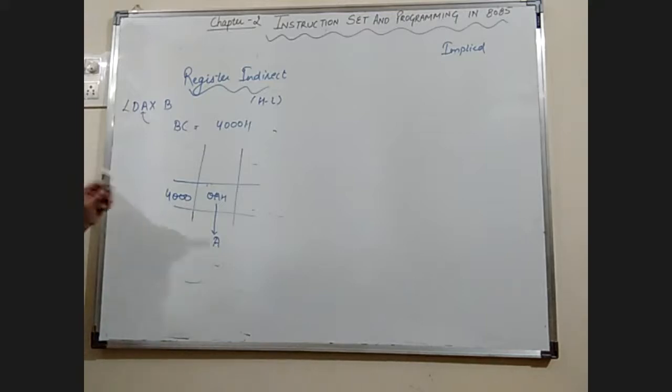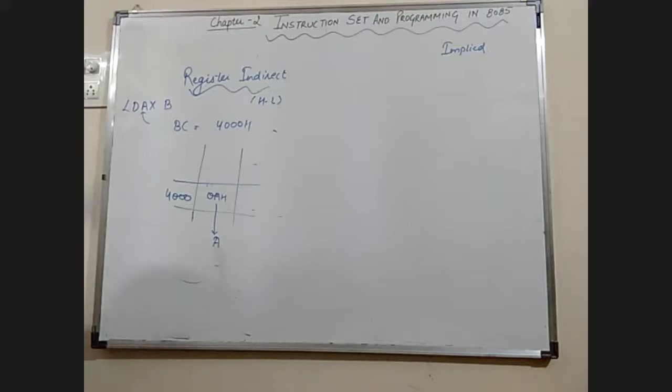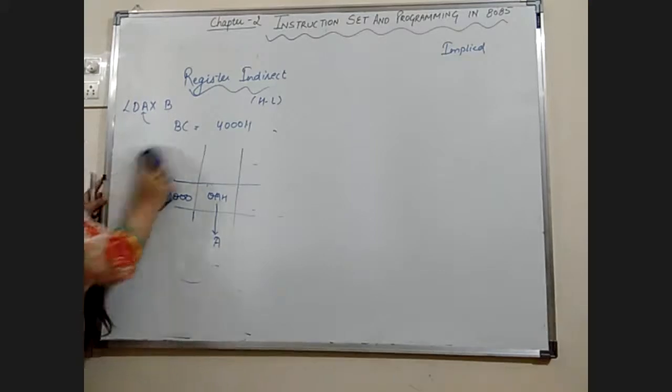Now students, what is the advantage and what is the disadvantage of this? This indirect addressing mode is the most powerful and useful addressing mode. Why? Now I will give you an example of how to load data from the memory location 5000.